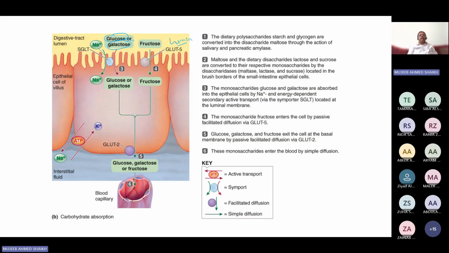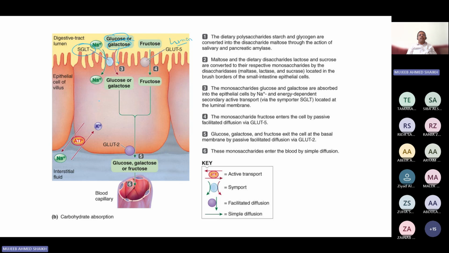So glucose and galactose can be moved into the epithelial cells by SGLT, by sodium glucose transporter. But this sodium glucose transporter is different, the number is different. Let me show you. Yeah, this is SGLT.